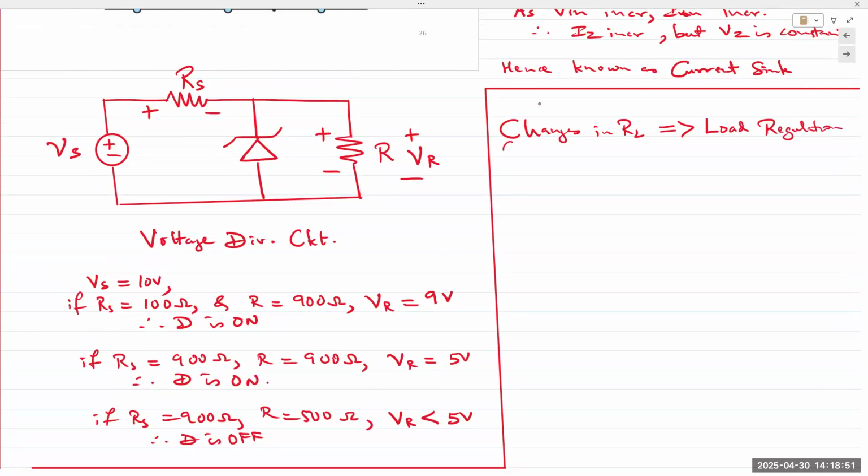If there are changes in the supply voltage Vs, meaning the power line that's coming from the input, then the regulation is known as line regulation. Okay, load regulation and line regulation.